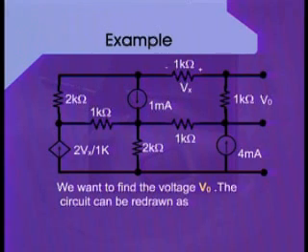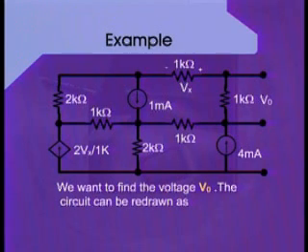We are supposed to calculate the voltage V0, which is at the output terminals, and this V0 will be across the resistance, which is having a value of 1 kilo ohm.